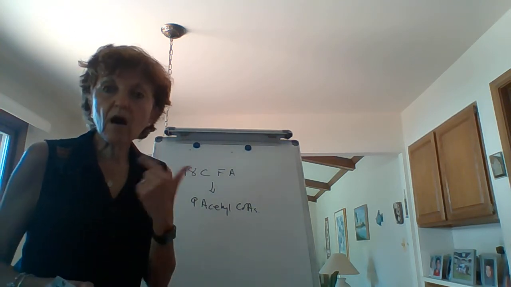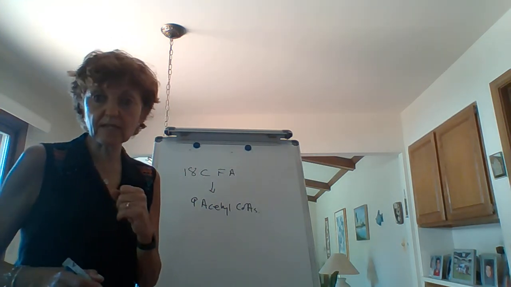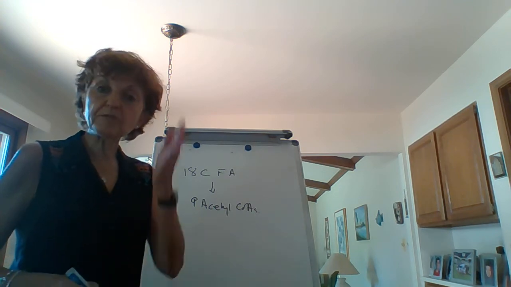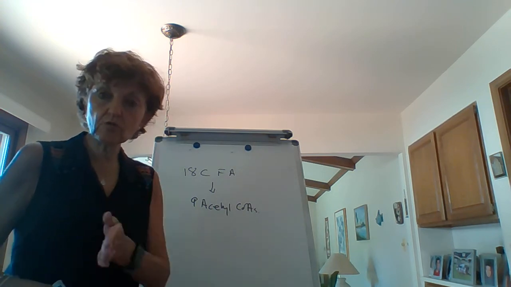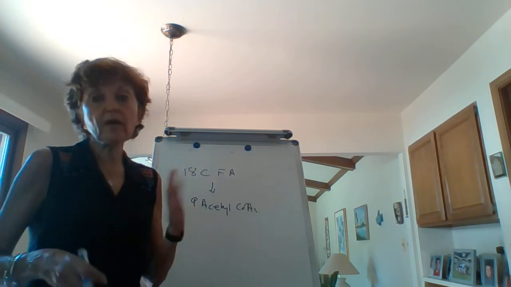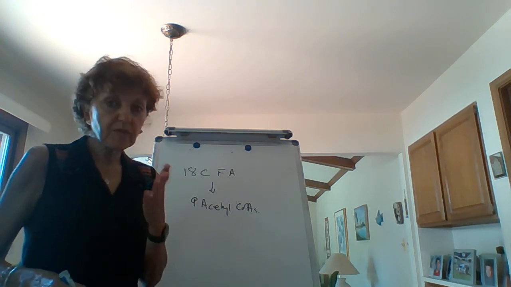How many beta oxidation cycles does this 18 carbon fatty acid have to go through? Remember, each cycle chops off 2 carbons. 2 carbons, 2 carbons, 2 carbons. Your instinct is to say, okay, goes through it 9 times to get the 9 acetyl-CoAs. But that's not correct.